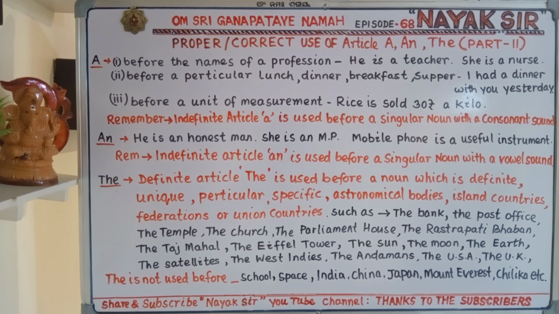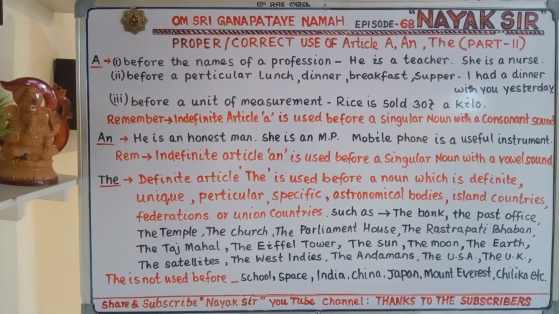But if somebody is going to the hospital to have an inspection, then you can say he is going to the hospital to have an inspection. If your purpose is something different, then you can use the to make it specific or definite.